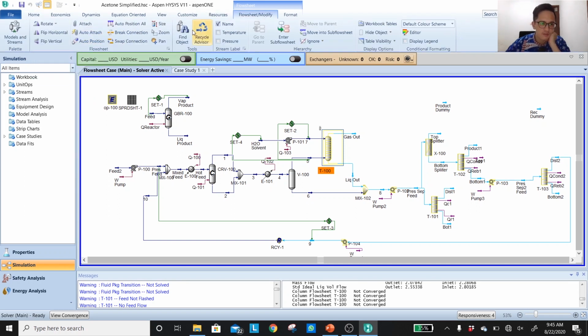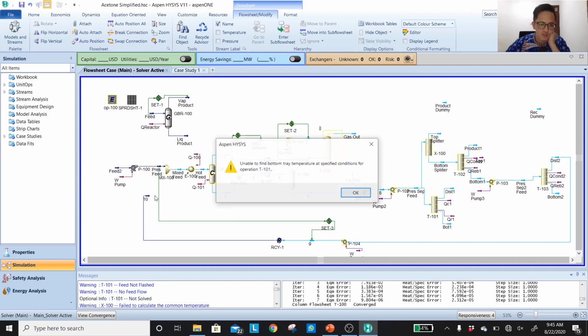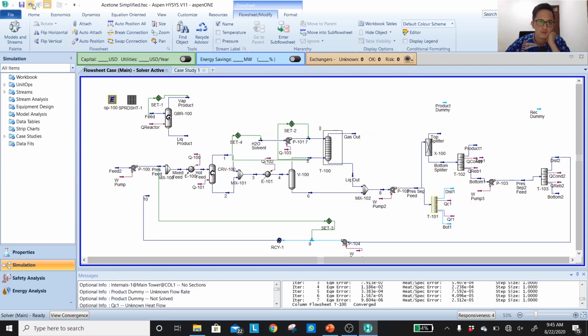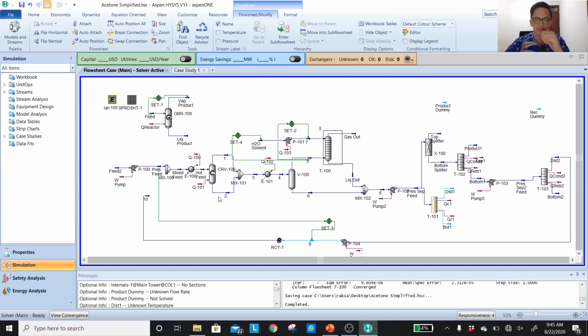I guess I will break my connection first. Again, usually the problem comes with the recycle. Once you break it, everything looks good again. So, what's the problem with the recycle?